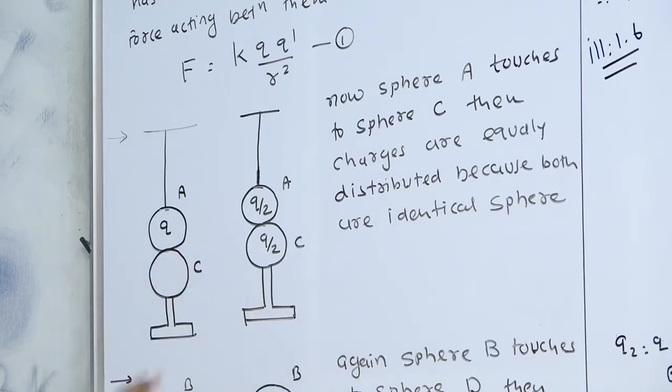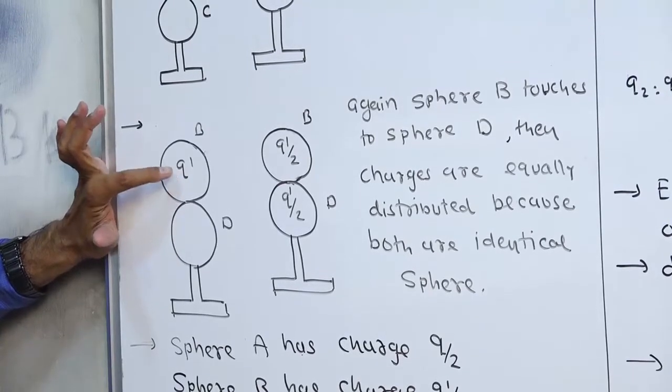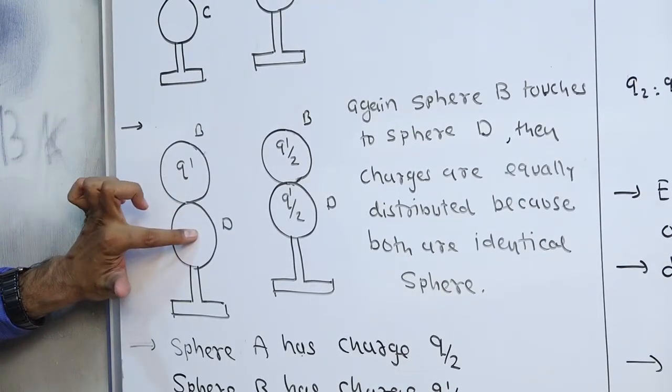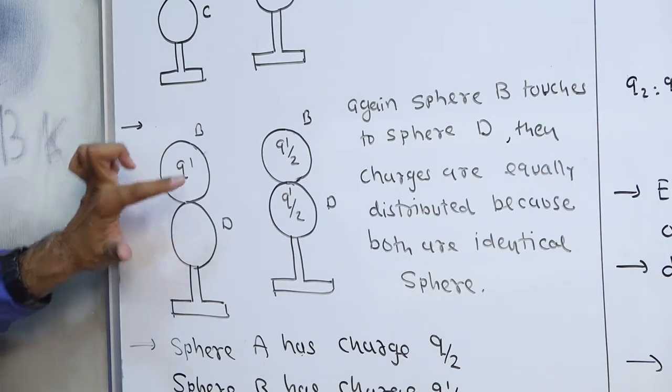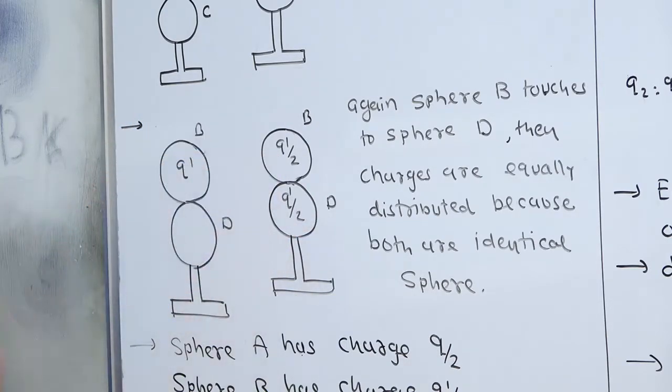The charge on sphere C also becomes Q by 2. Next, sphere B is brought in contact with another identical sphere D. The charge on sphere B is Q dash, and half is given to sphere D. So sphere B has a charge Q dash by 2, and sphere D also has a charge Q dash by 2.